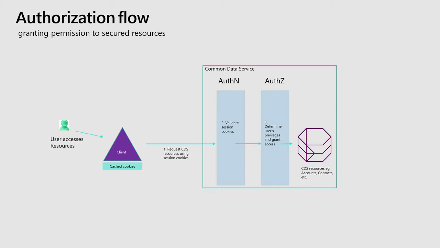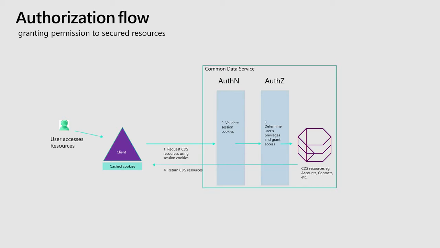Those are all privileges. Then it checks what you want to do. In this case, Mary said, I want to read account. Based on the security role that we set up and the privileges that we have, we said yes, Mary can read account. So we fetch the account information for Mary and return it back to Mary. And that is authorization.